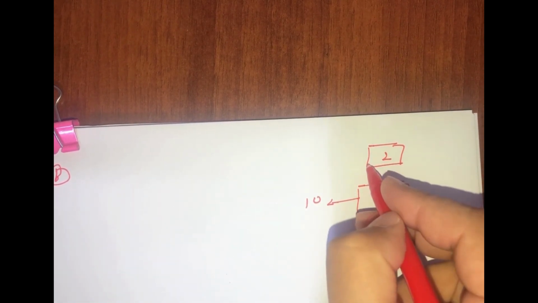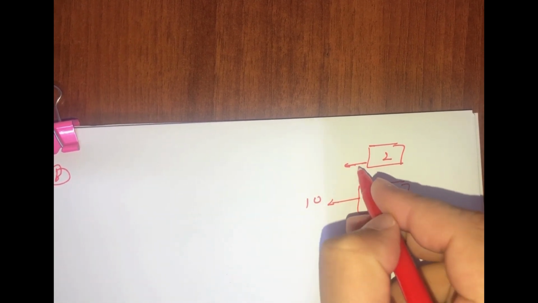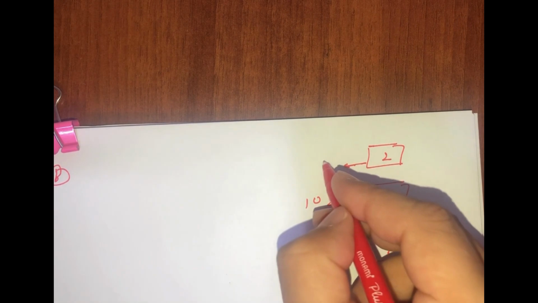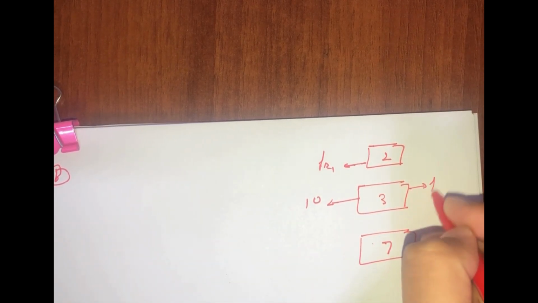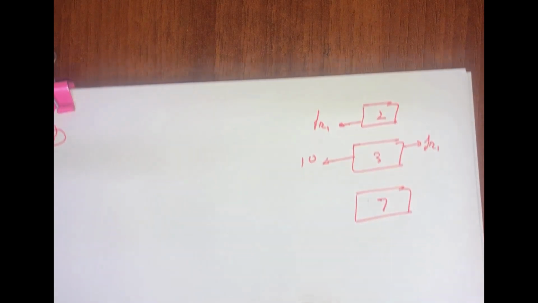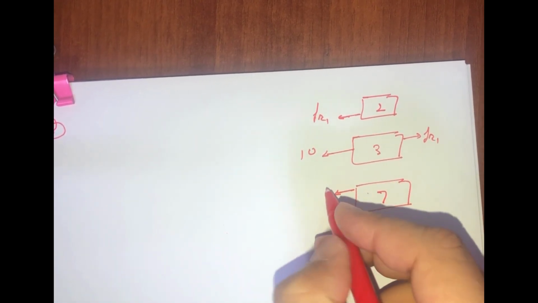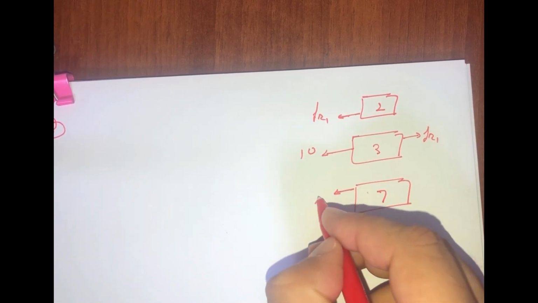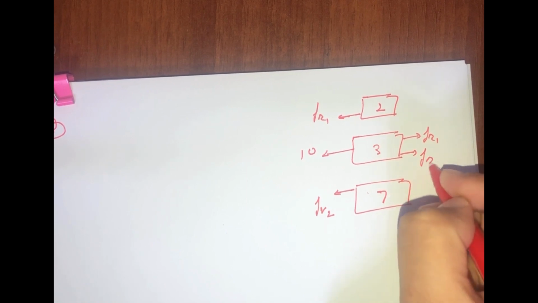So this will be trying to move the 2 kg block towards the left. Let us suppose FR1. So we have here FR1, and the 3 kg will also try to move the 7 kg towards the left. Let us call it the force FR2, and accordingly we have the opposite force here, FR2.